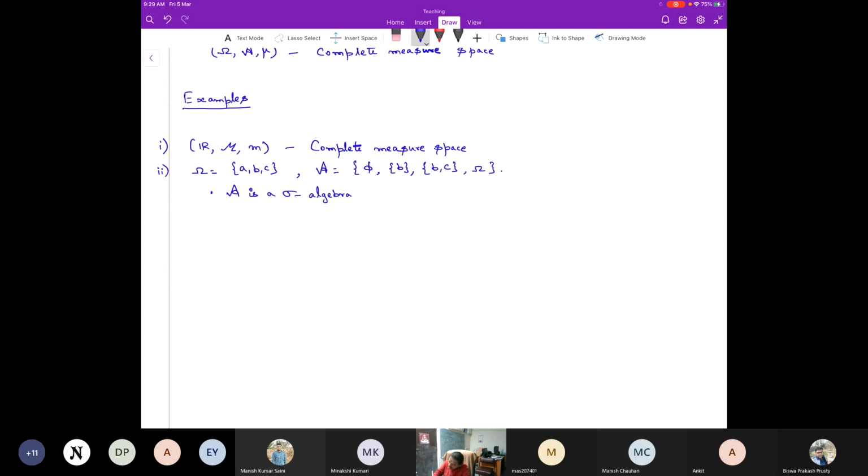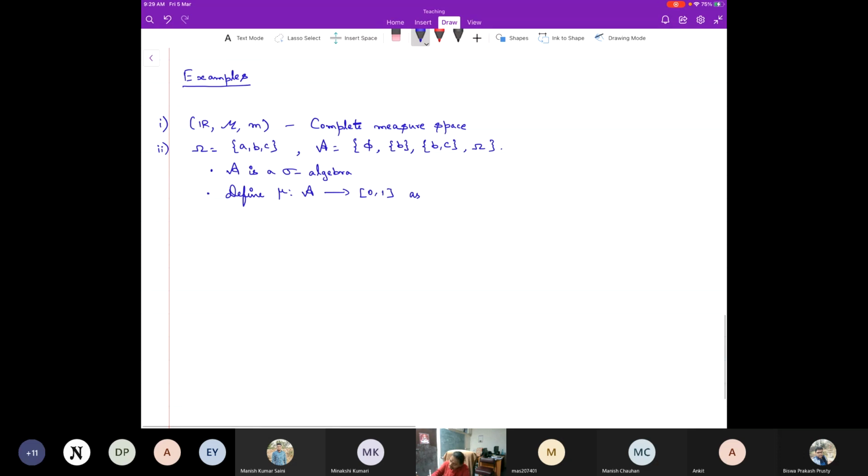And then you define mu from A to [0, infinity). Well, this is in fact going to be a probability measure, so you don't need up to infinity, [0, 1] is fine as well.